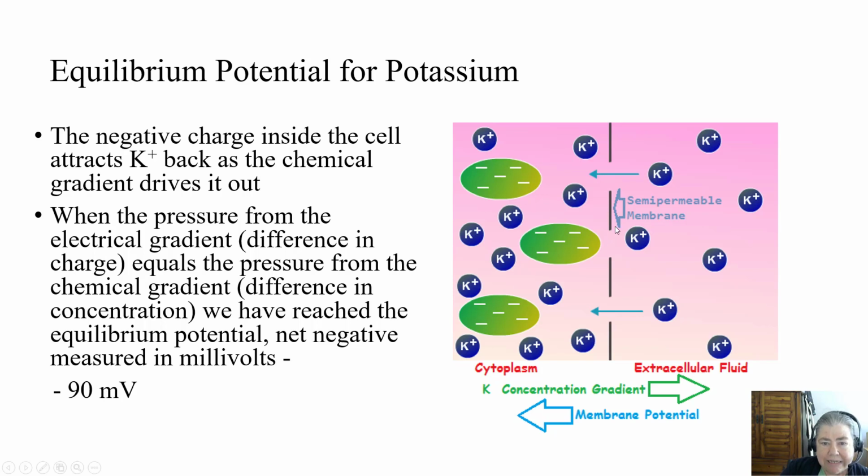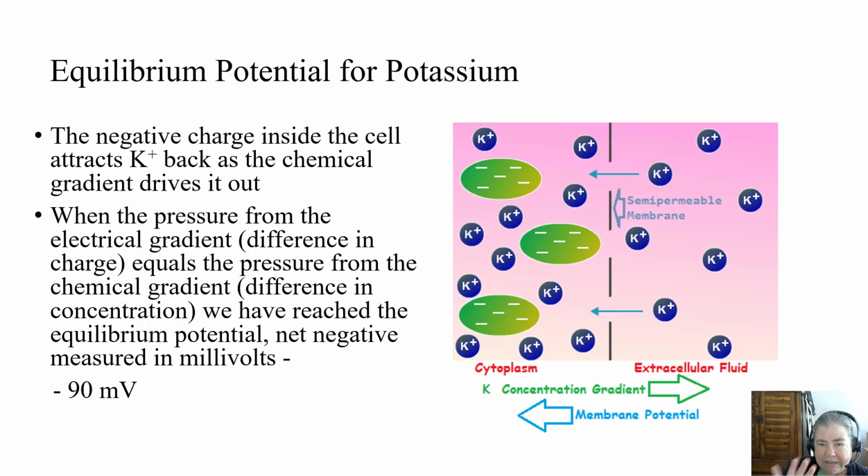So the negative charge inside the cell is pulling potassium in, and the concentration gradient is pushing potassium out. Okay? And when they balance, we have something called the equilibrium potential. And that is in many cells about minus 90 millivolts.